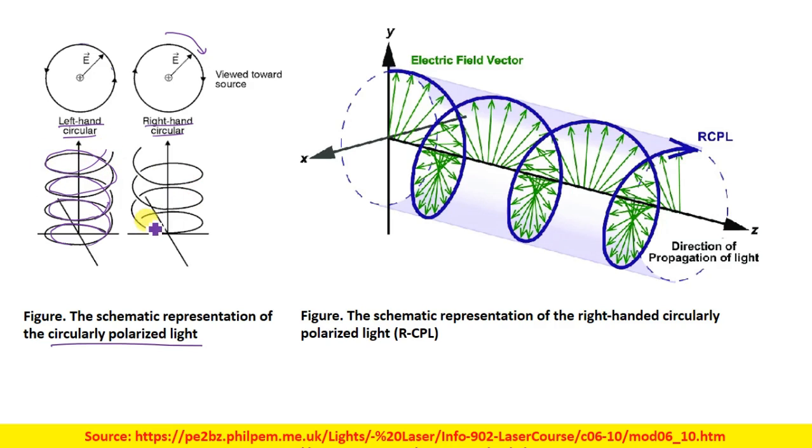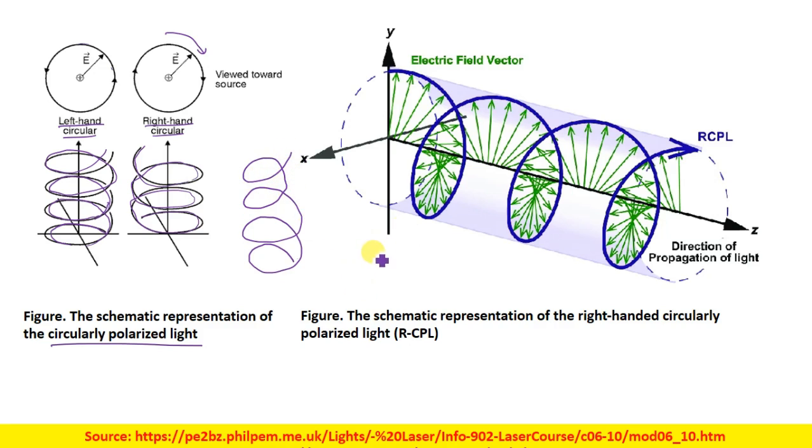Whereas in the right-handed circular light, the helical structure, or the path of the light, is in this fashion. In the left-handed one, you will start from the base and move towards the left and slowly go up.